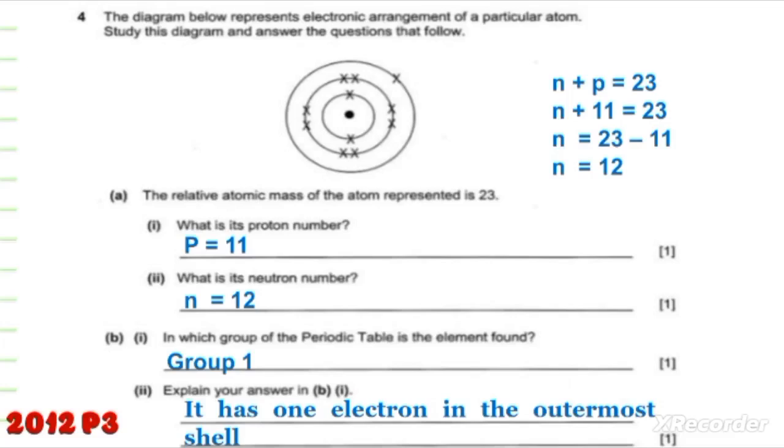The reason we are saying it is group 1 is that the given element has 1 electron in the outermost shell. All elements from group 1 have 1 electron in the outermost shell, all elements from group 2 have 2 electrons in the outermost shell, and all elements from group 3 have 3 electrons in the outermost shell.